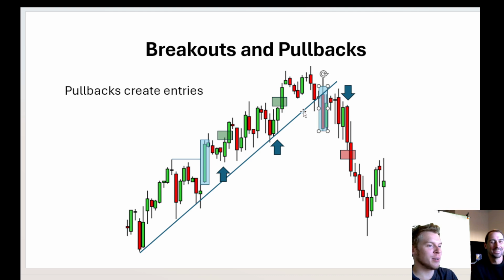So I would look at this as breaking out of this channel. Yeah, so it can break out of prior levels. A breakout could also be of something like a channel. So it breaks out here and fails to go higher, then sells off.